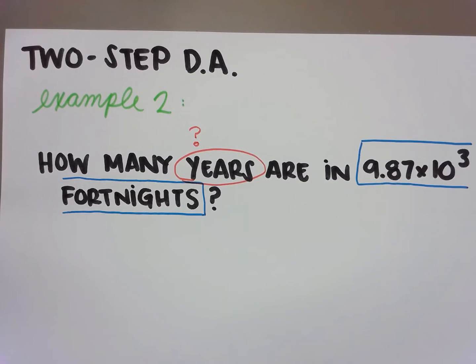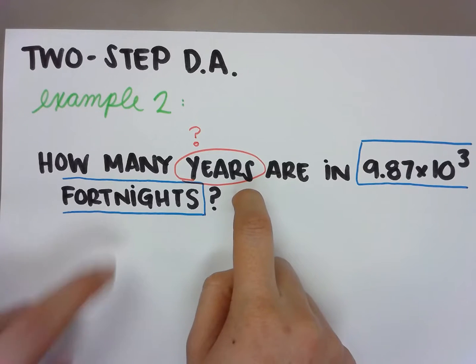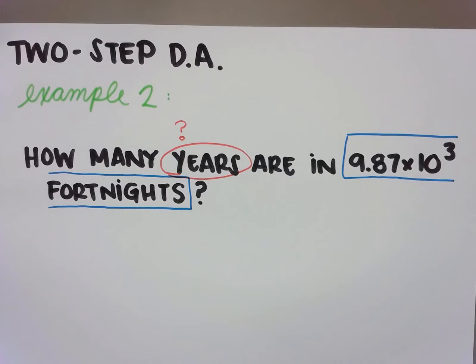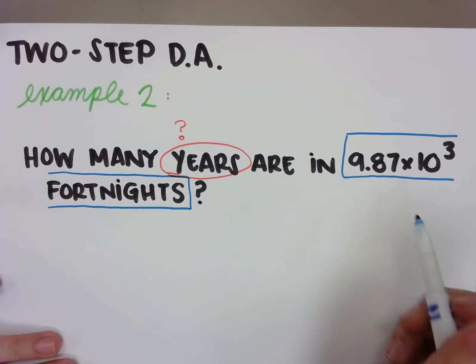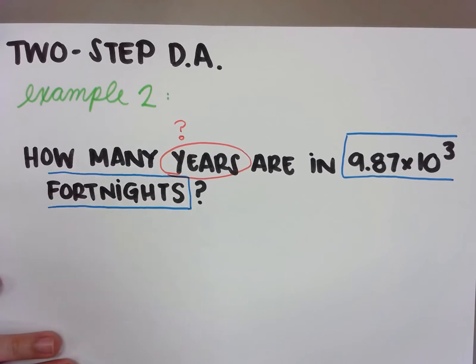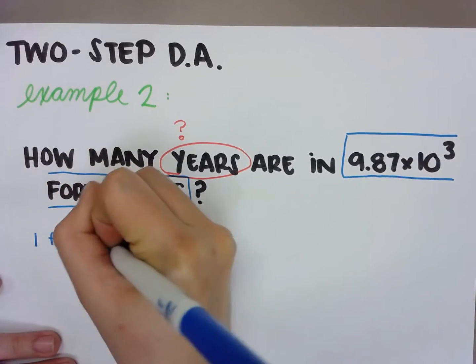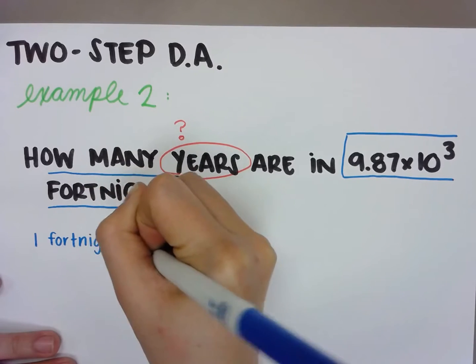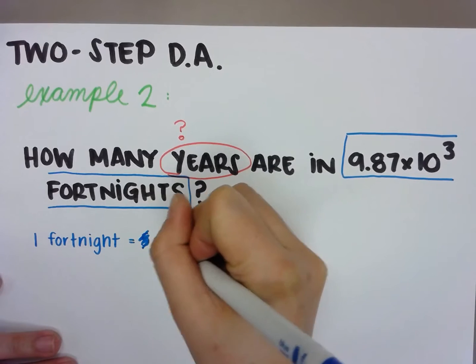In order to get from fortnights to years, we already have fortnights, and we already know an equivalent relationship for fortnights. We know that one fortnight is equal to, oops, sorry, not 5, 2 weeks.